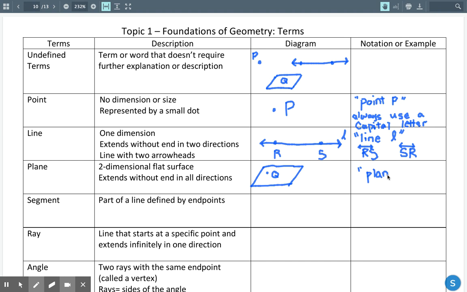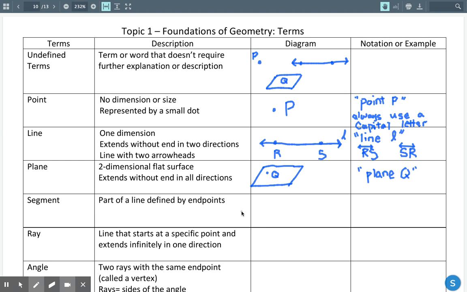I'm going through a jumpy spurt. Plane Q. And then that's how we would write it too. So we would say plane Q, but then we would also write plane Q. So those are our three undefined terms. What we're talking about there is I can now use these three terms to define other terms.